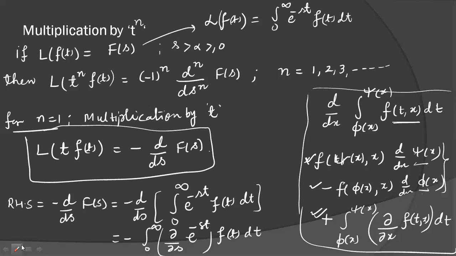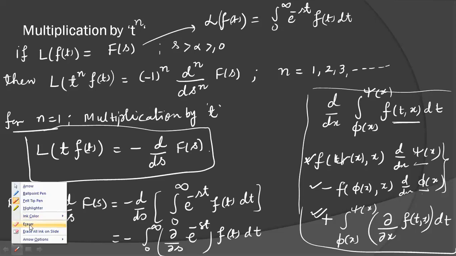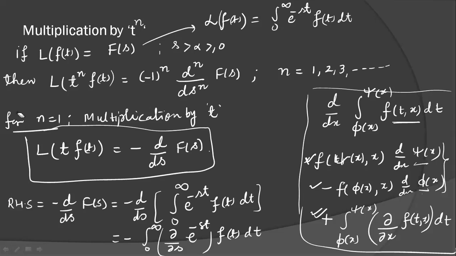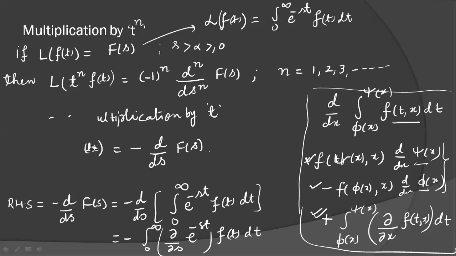If you differentiate e to the power minus st with respect to s, you will get minus e to the power minus st, because the coefficient of s is t.